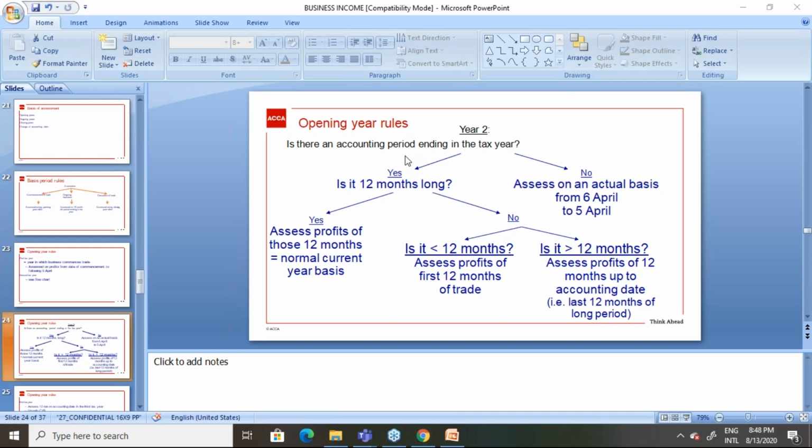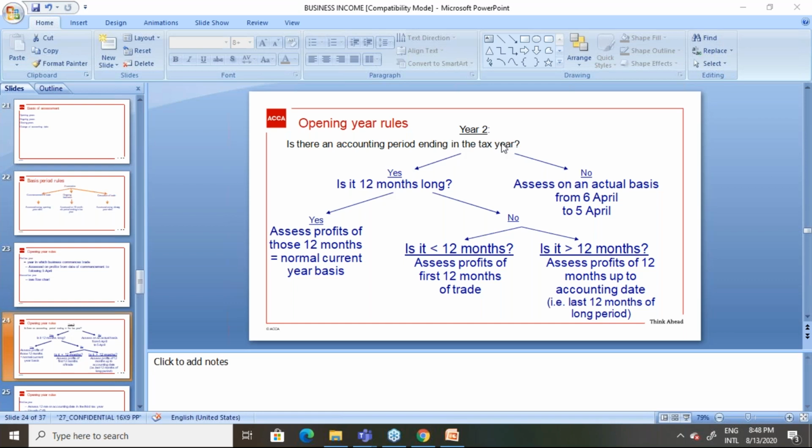What is the question? Is there an accounting period ending in the tax year? If the answer is yes, then you ask the second question, how long is the period of account? Is it 12 months long or not? That means, is it exactly 12 months or less than 12 months or more than 12 months?